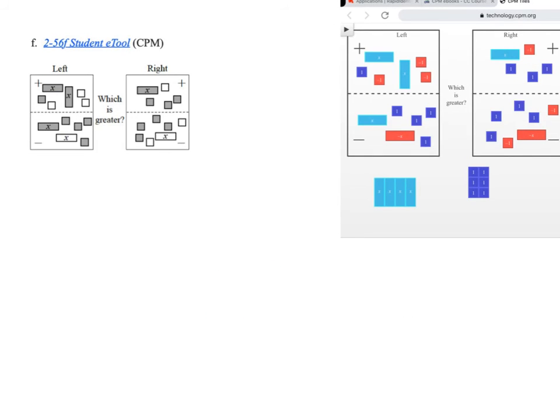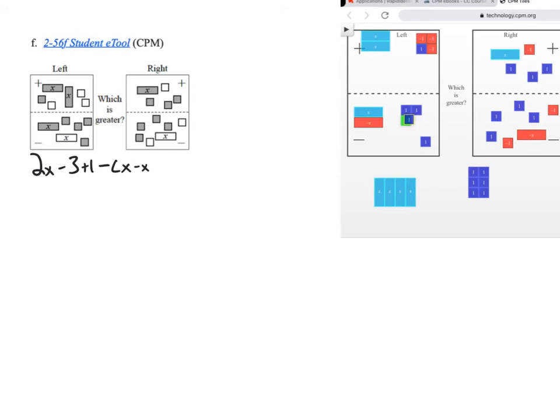All right, so let's take a look at 256f here. So on 256f, I'm going to just start off by writing the original expression. So I've got 1, 2 of my positive x's in the positive region. I've got 1, 2, 3 of my negative 1s, and I've got a positive 1. It's all on the left side. Now in the lower half, in the opposite region, I've got a positive x, and I've got a negative x, and I've got 1, 2, 3, 4 of my positive cubes.